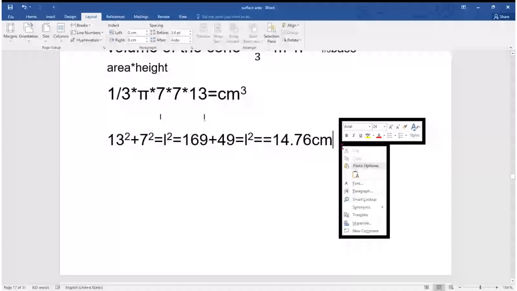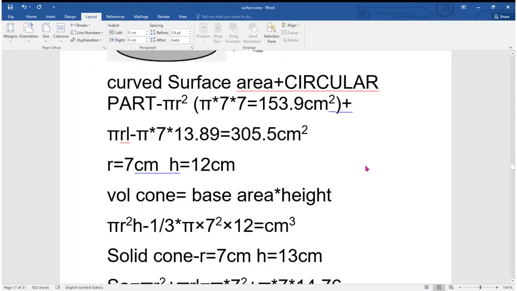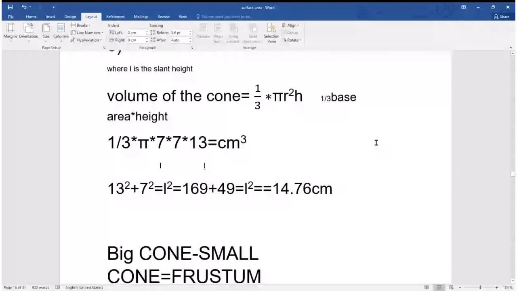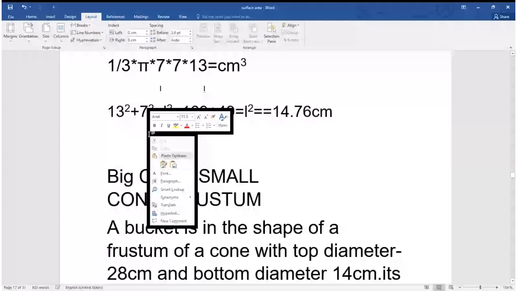I am placing the wrong thing. Then, okay, now let's see if it looks like that.